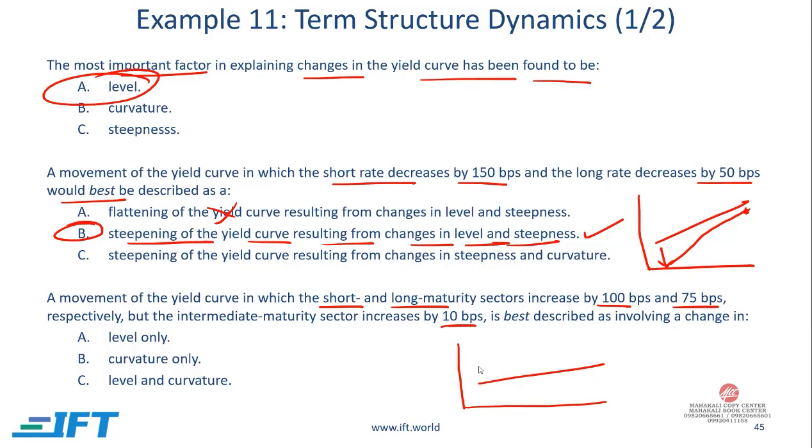So at the short end, there is an increase of 100 basis points. Long end, there is an increase of 75 basis points. And in the middle, there is a small increase. So we have something like this. So there is a change in curvature and there is a change in level. So this change is both level and curvature. So the best answer is C.